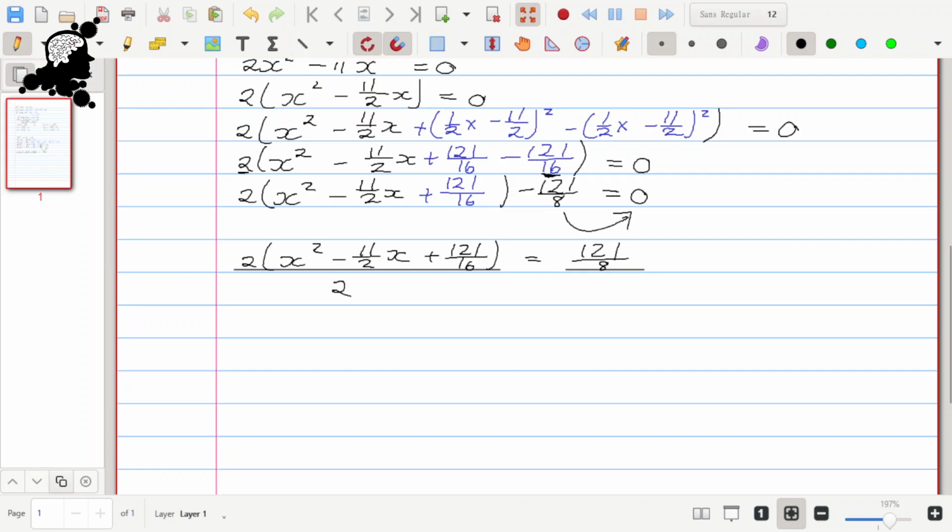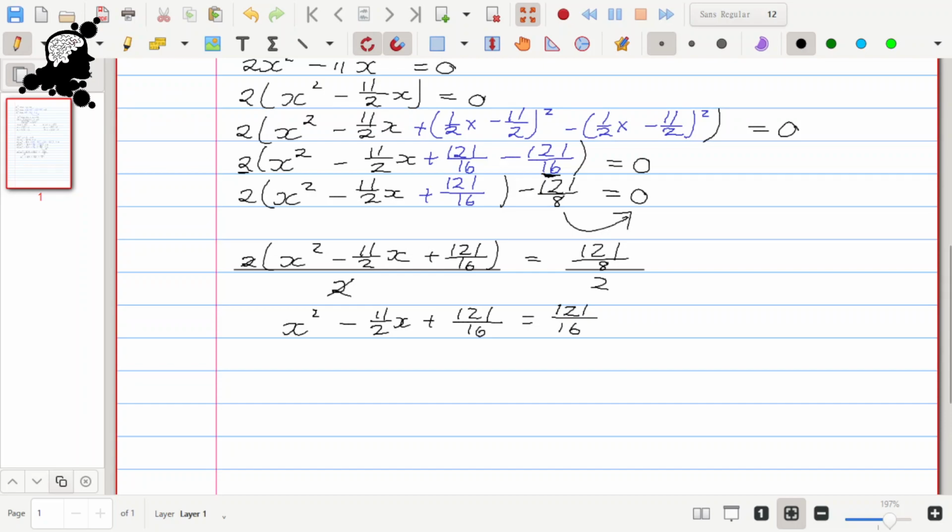So we can divide this by 2 and divide this by 2. The 2's are going to cancel out. You're going to remain with x squared minus 11 over 2x plus 121 over 16 is equal to, now when you type 121 over 8 divided by 2 in your calculator, you get 121 over 16.